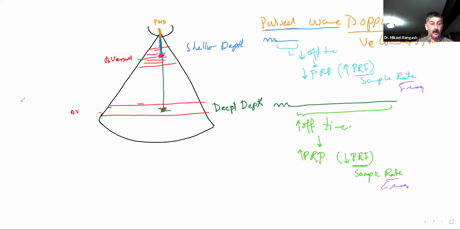Here, the pulse goes, takes a reading, brings it back, goes, takes a reading, gets it back, which takes less time compared to this, where we see here: pulse goes, takes a reading, coming back.